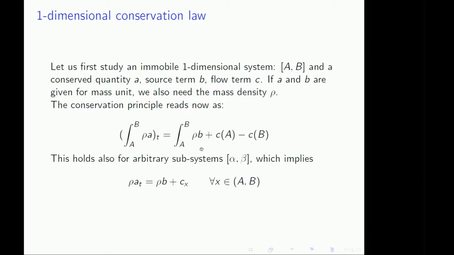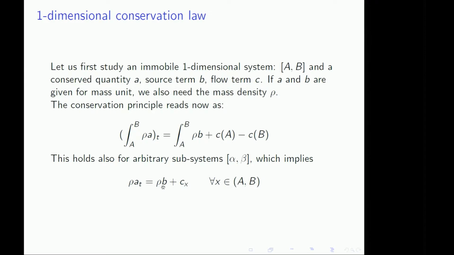And this should be valid not only for the full system but for arbitrary subsystems. So for any subinterval, and if you repeat that process to the limit, you will conclude that eventually you have to have this relation pointwise. So the pointwise rate of change of state is equal to the pointwise source term and the pointwise derivative or gradient of the flow term.